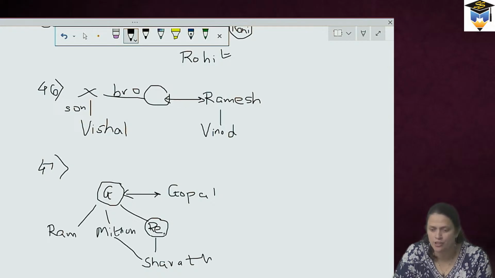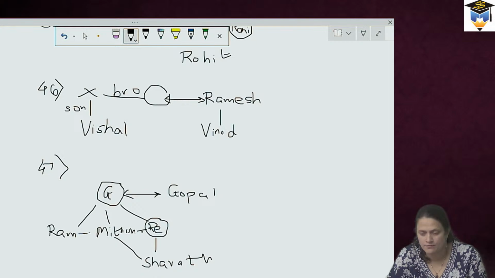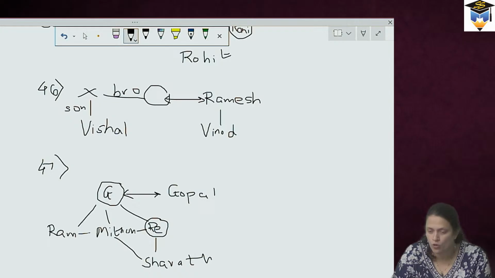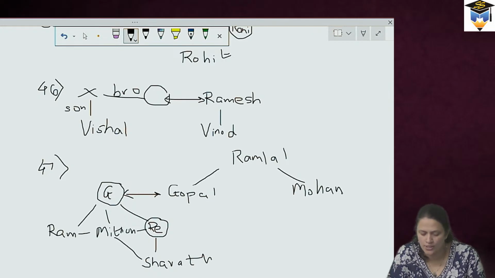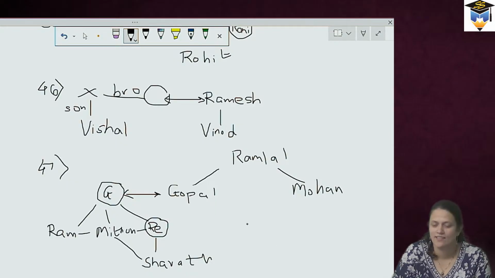So basically these are the 3 children who are siblings of each other. Now Gopal is a son to Ramlal. So Ramlal is at upper generation, who has another son called Mohan. Question is, what is the relation between Mithun and Mohan? Tell me, what is the relation?